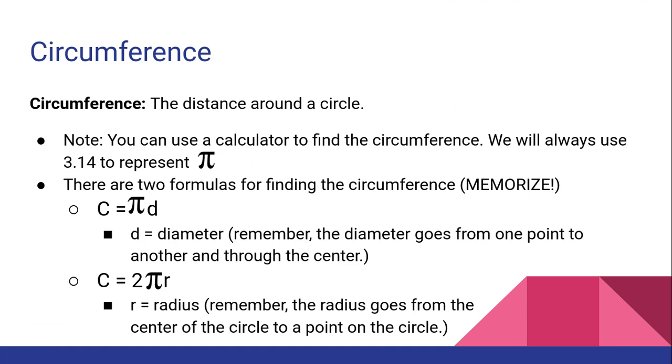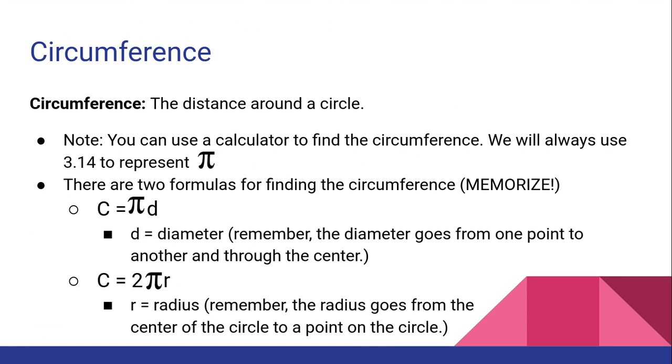And then D equals diameter. Now again, if you don't know this yet, you need to memorize it. Diameter goes from one point to another and through the center. So it's that long straight line from one point to another and through the center. So if you're given the diameter, this is the formula you're going to use.